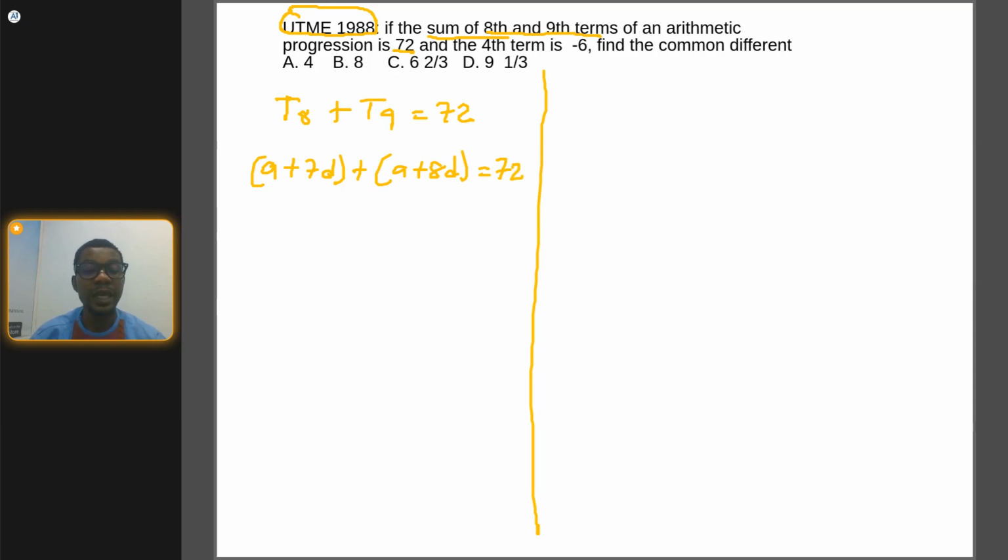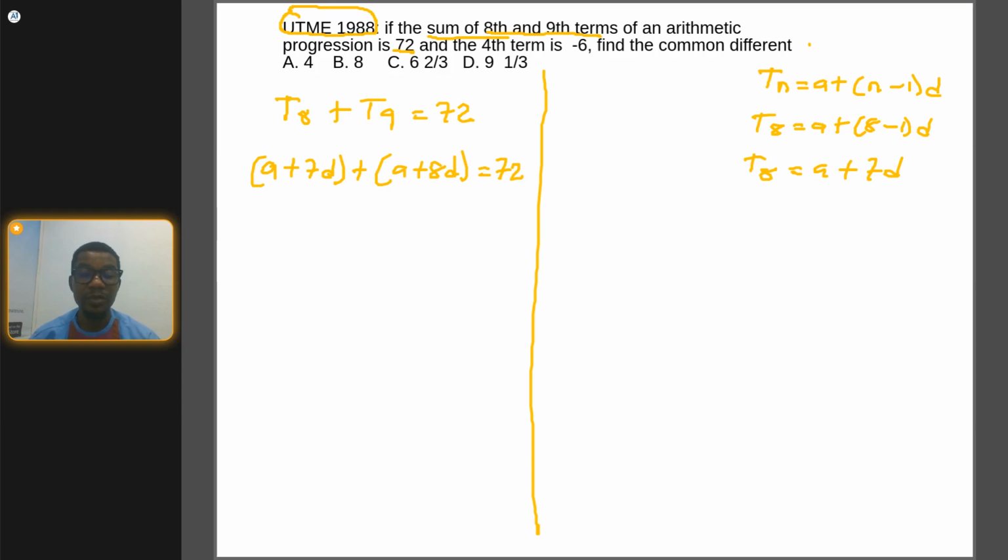Now, how do we get A plus 7D? We are using this formula, Tn equals A plus, open bracket, n minus 1, close bracket, D. So where n is 8, we have T8 equals A plus 8 minus 1 D. That is T8 equals A plus, subtract 1 from 8, that is 7, and 7 times D is 7D.